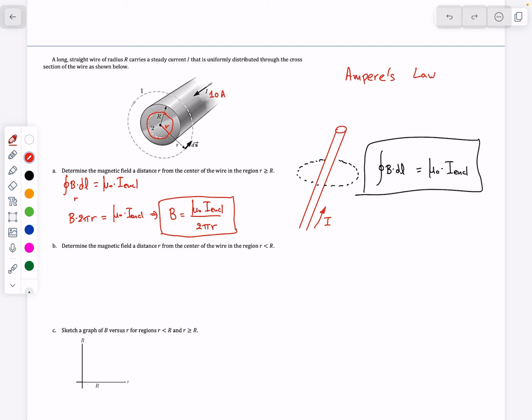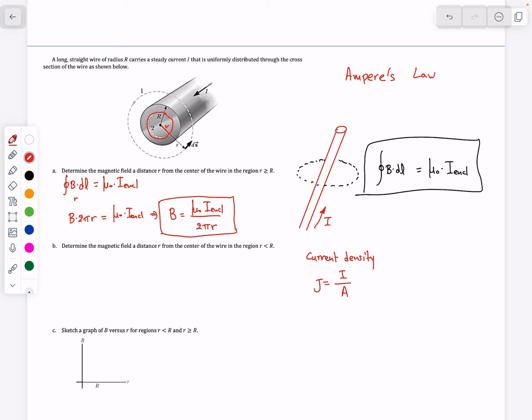So we need a tool to calculate the value of this current with respect to the total current. For this, we use the concept of current density, where we remember that the current density, J, is equal to the current divided by the area.